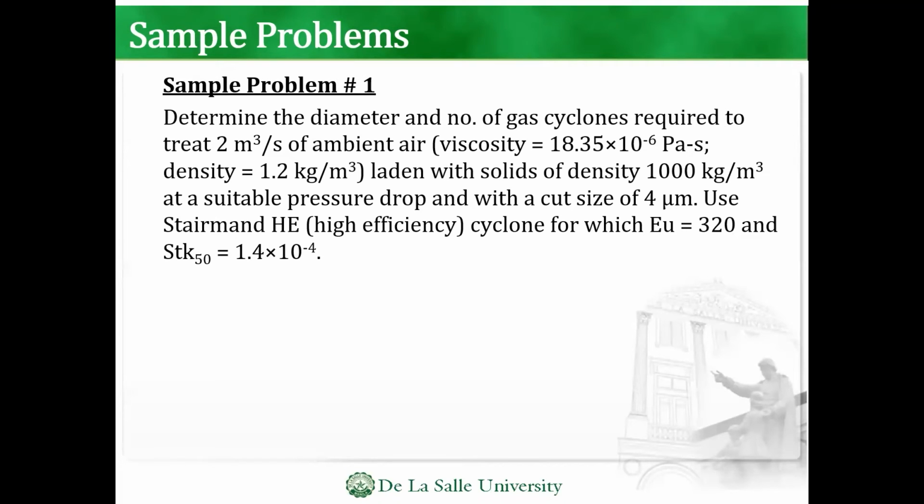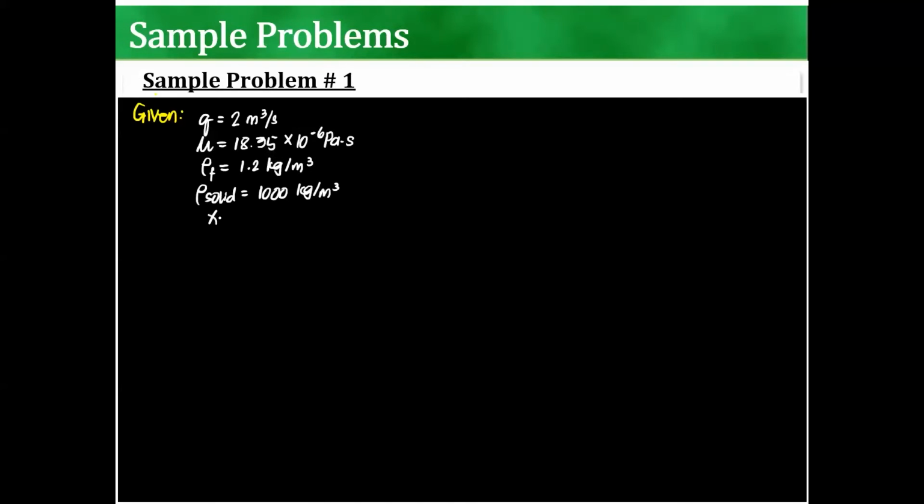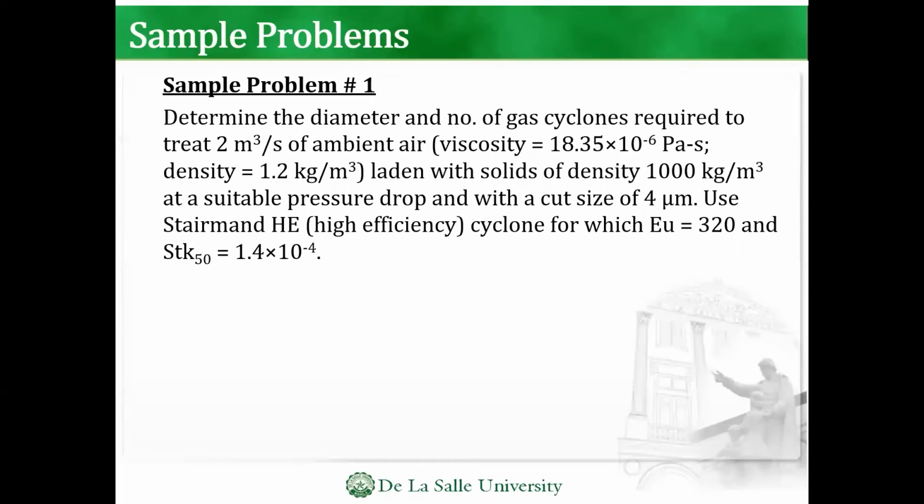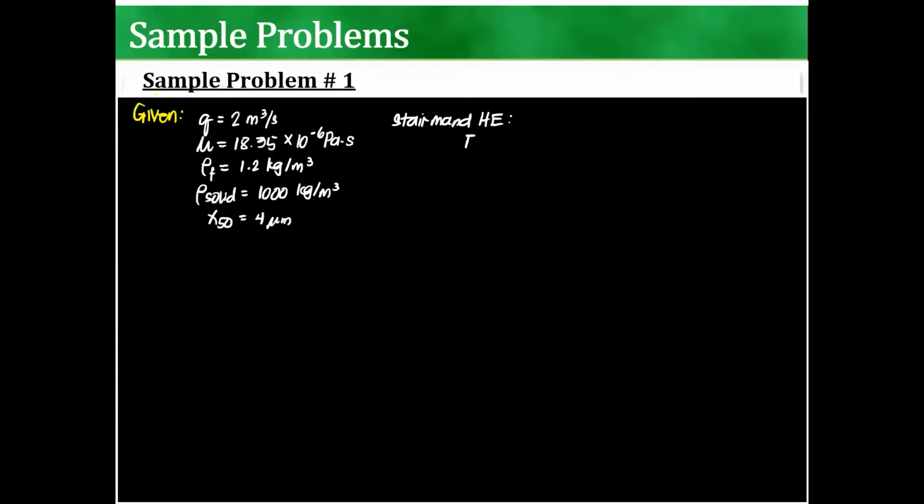And the cut size is 4 microns. And then for the Stairmand high efficiency, it's given to have an Euler number of 320 and Stokes 50 of 1.4 times 10 to the negative 4.